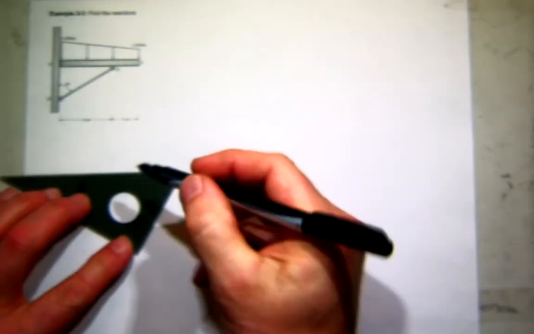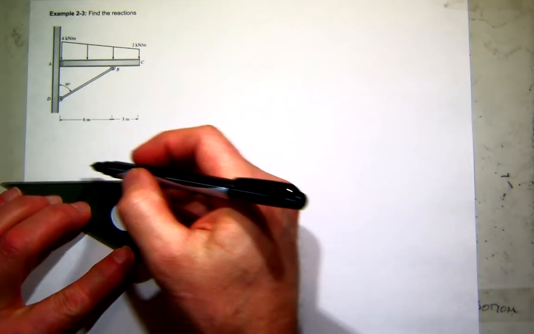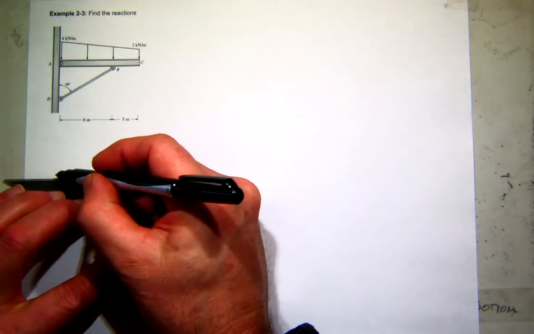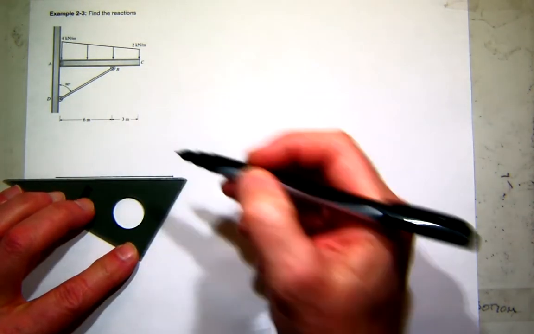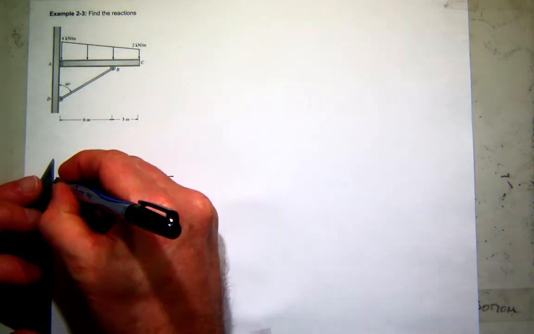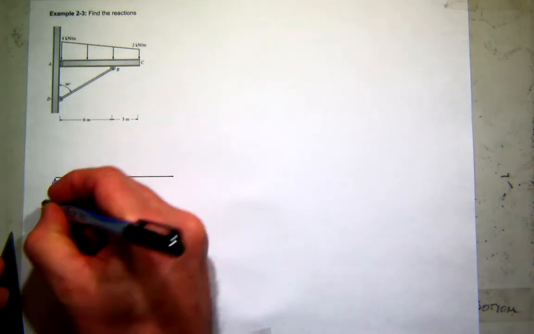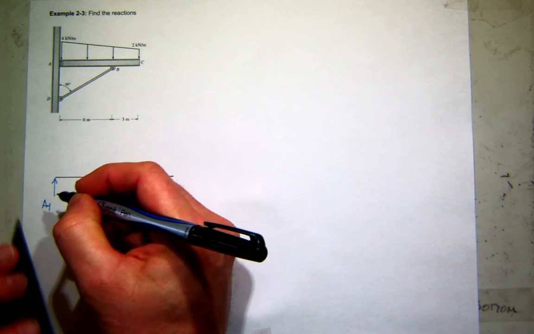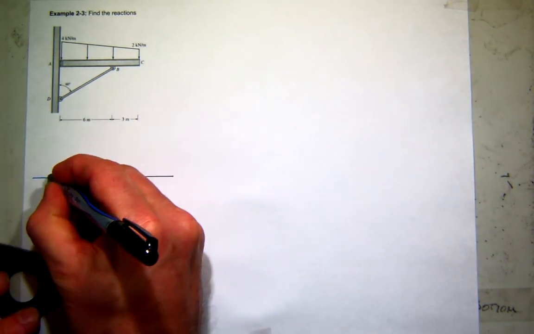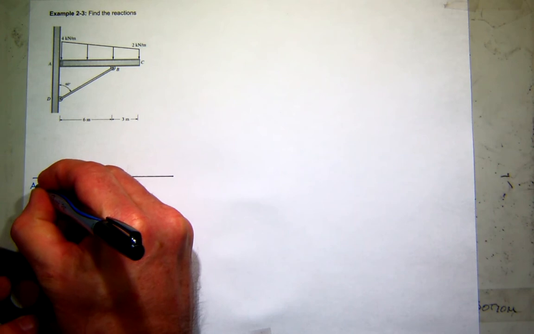So again, I'll draw my free body diagram of this thing. I may actually draw it a little bit bigger because it's kind of small here. So at A, I'm going to assume that I have a pin force in the Y direction up and a pin force in the X direction to the right.